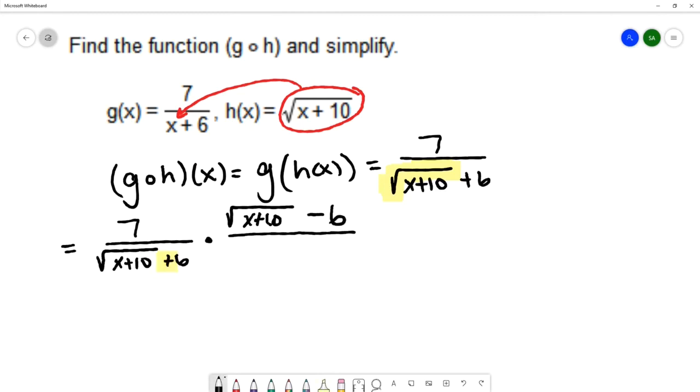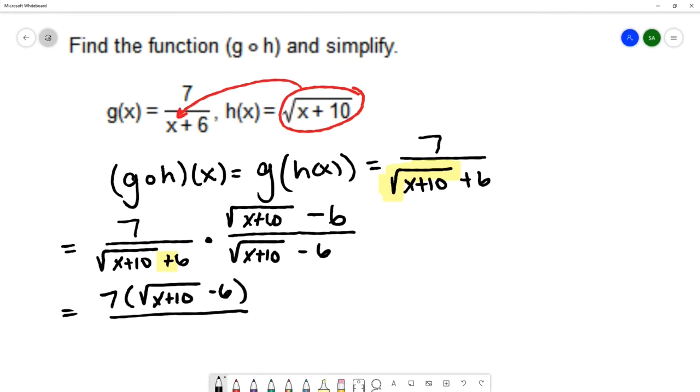And we're going to multiply that on the numerator and denominator. So in the numerator, I'm going to write it as 7 times the square root of x plus 10 minus 6. And in the denominator, I'm going to perform the multiplication.